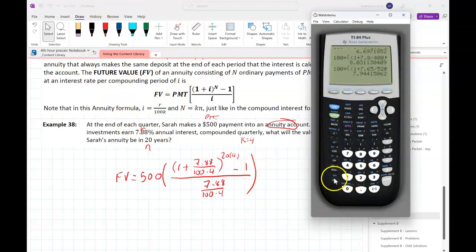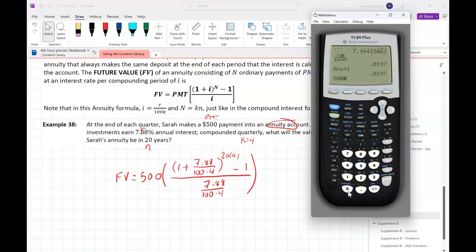Now that's a spicy meatball of a thing going on in there. I'm going to type in that lowercase i separately: 7.88 over 100 times 4. I'm going to take that number and store it into a variable. So I press this STO button down on the bottom here, and then I'll use alpha squared. So that's my i.